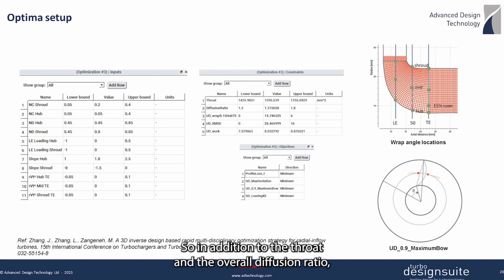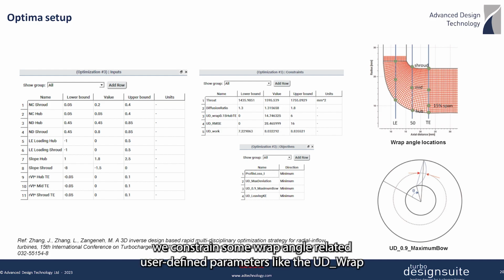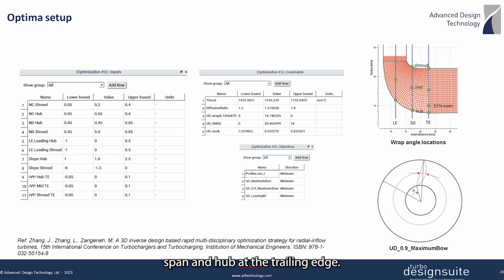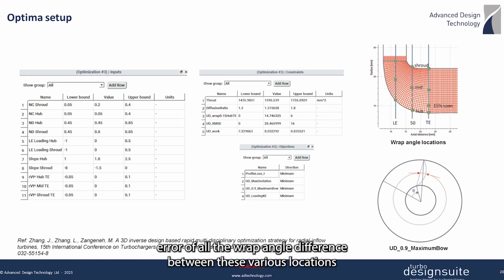So in addition to the throat and the overall diffusion ratio, we constrain some wrap angle related user-defined parameters like the UD wrap, which is the wrap angle difference between the 15% span and hub at the blade trailing edge. The UD-RMSE calculates the root mean square error of all the wrap angle differences between these various locations, which would be 0 for a perfectly radial fibered blade.